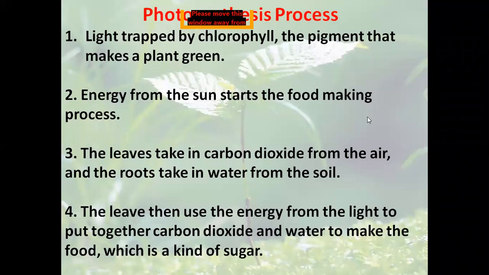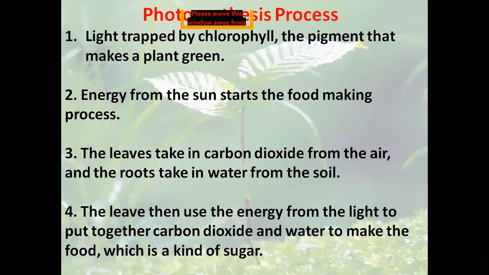Here, in the photosynthesis process, light is trapped by the chlorophyll, the pigment that makes the plant green. You have to study these steps in order. The energy from the sun starts the process of making the food. Then the leaves absorb carbon dioxide, and the roots take in water.